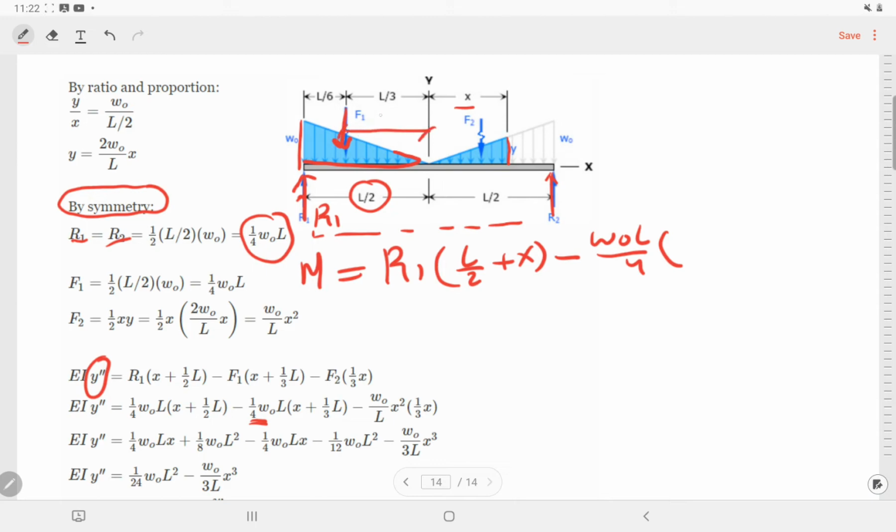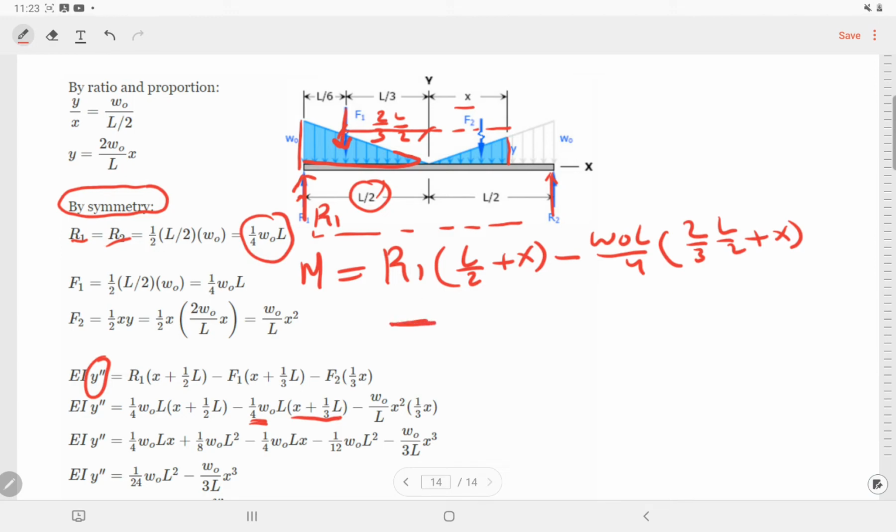The span is l over 2, so it's going to be l over 3. So it's two thirds of l over 2, plus this distance, which is x. It's l over 3 plus x.